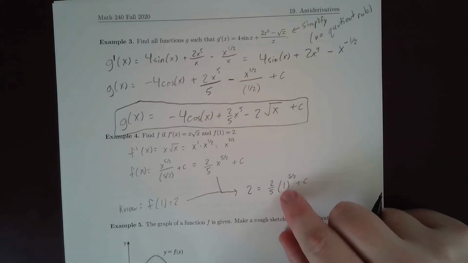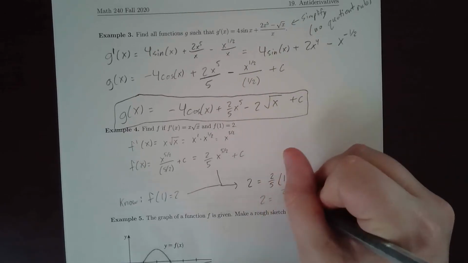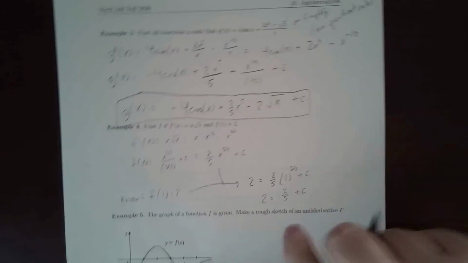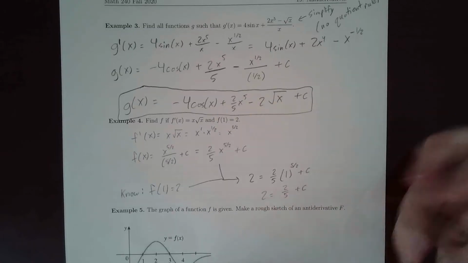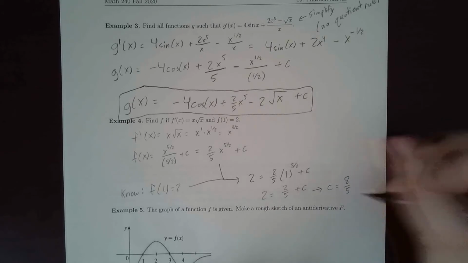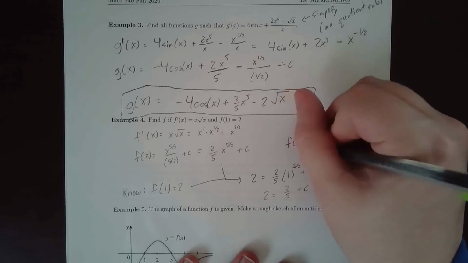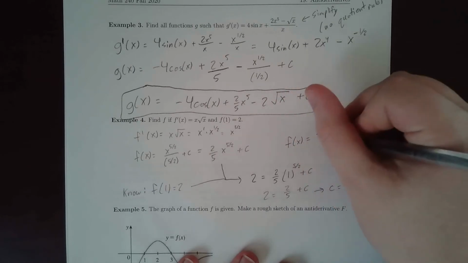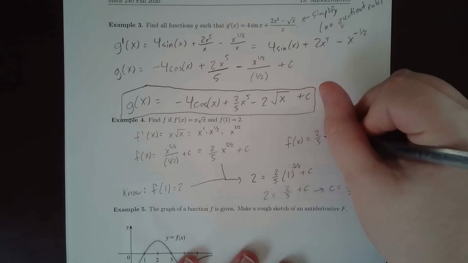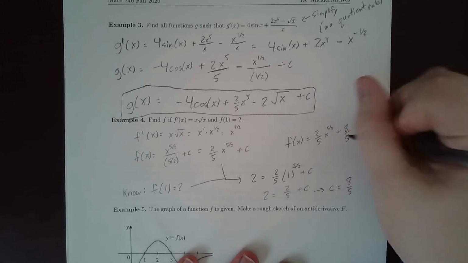So if we have 1 to the 5/2, that'll just be 1, so we'll have 2 equals 2/5 plus c, and we can subtract 2/5 from both sides to get that c equals 8/5. So that means that our original function f of x would be 2/5 x to the 5/2 plus 8/5.